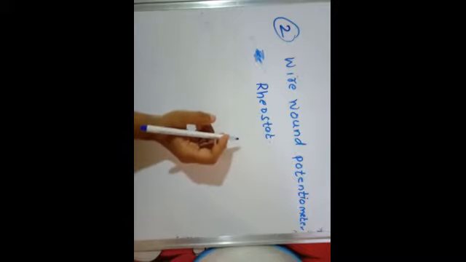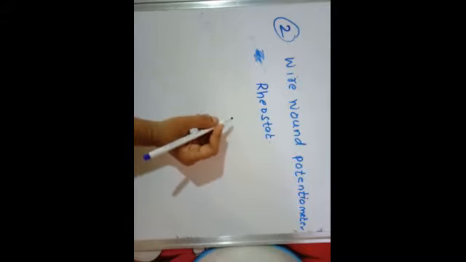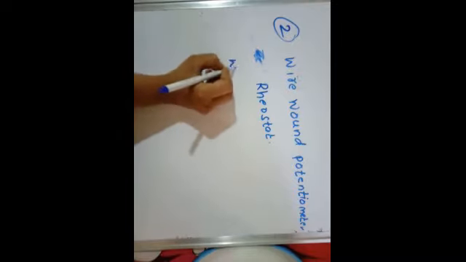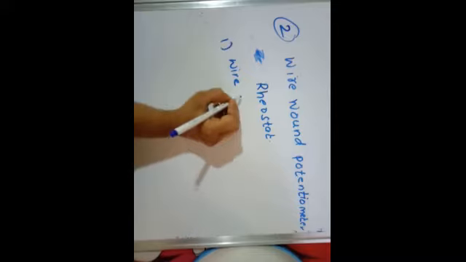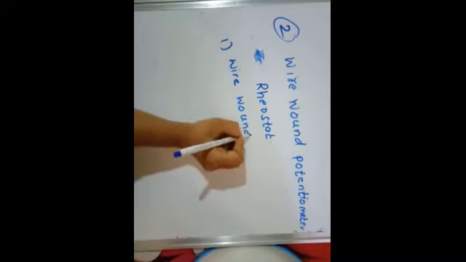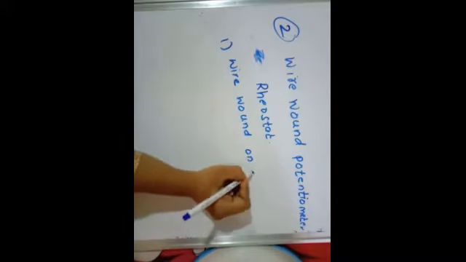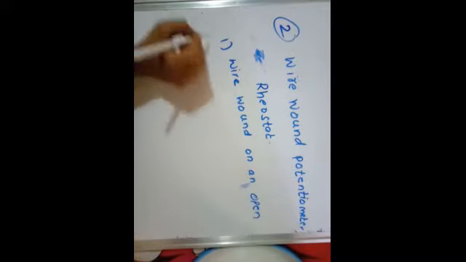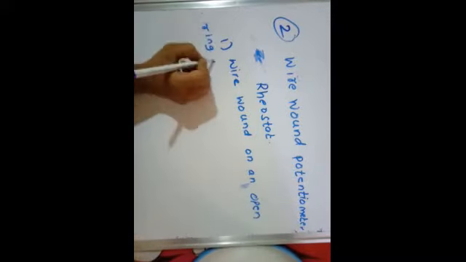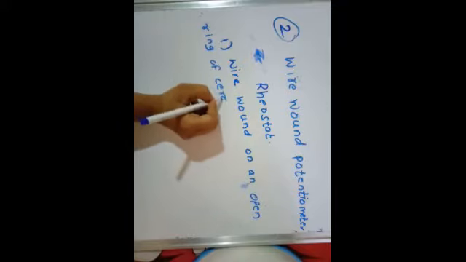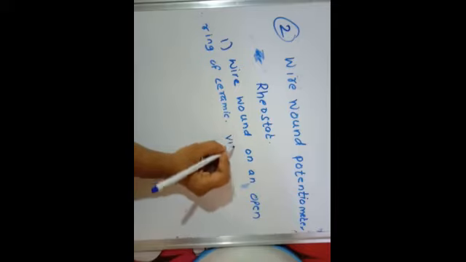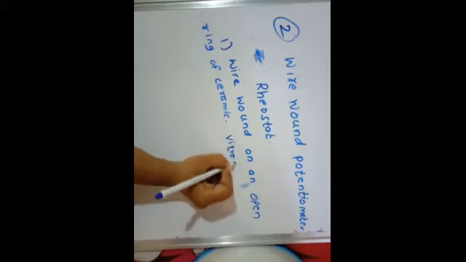In this type, wire is wound on an open ring of ceramic, which is covered with vitreous enamel.